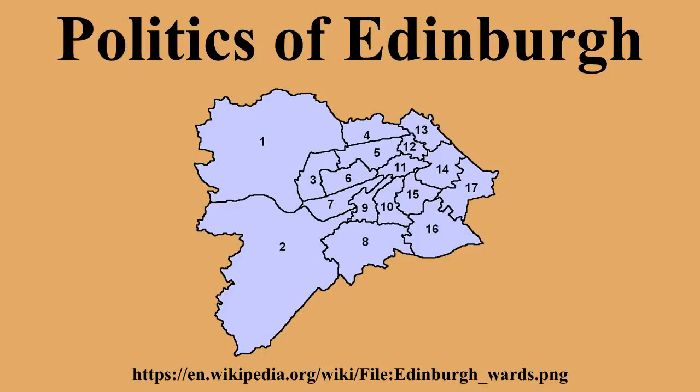As one of the unitary local government areas of Scotland, the City of Edinburgh has a defined structure of governance, generally under the Local Government Act 1994, with the City of Edinburgh Council governing on matters of local administration such as housing, planning, local transport, parks and local economic development and regeneration. For such purposes the City of Edinburgh is divided into 17 wards.